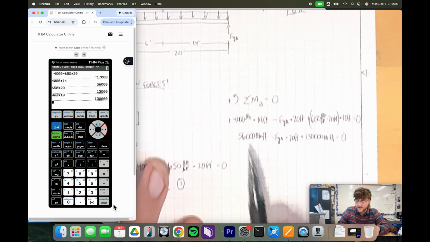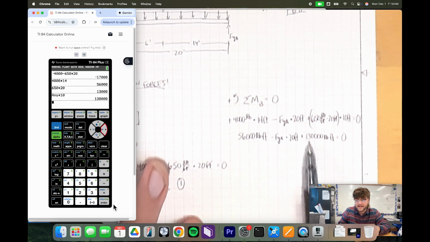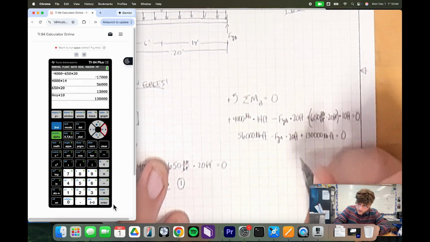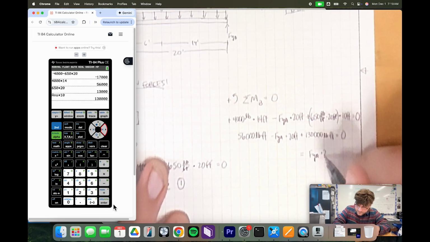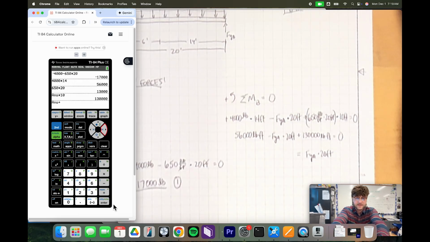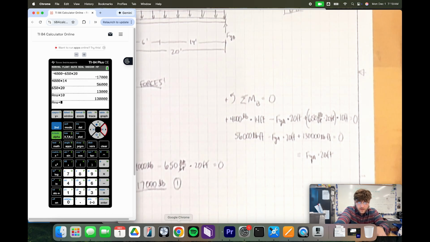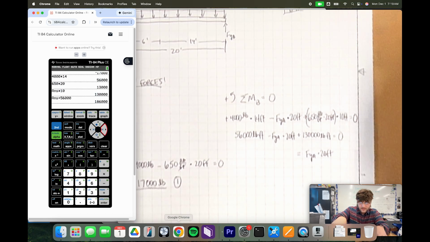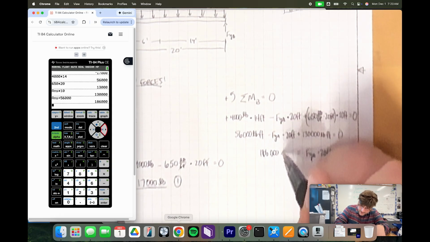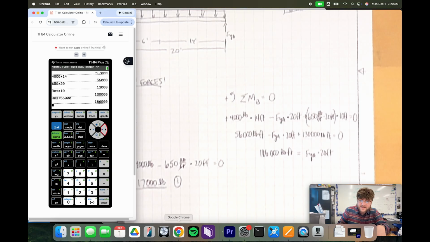What I can now do is simplify this further. I can add these two numbers, and I'm also going to add FYA times 20 over to the right side of our equation. So we've got FYA times 20 feet. Then remember, we can add these up. We're going to take that 130,000 and add on that 56,000. And so we end up with 186,000 pounds times feet as our unit there.